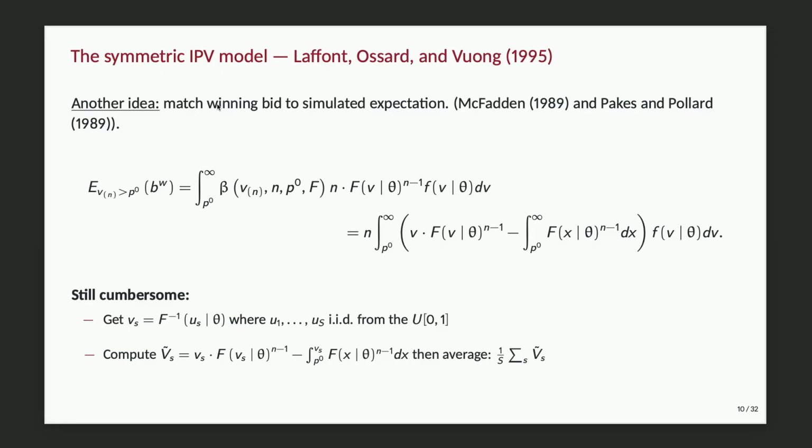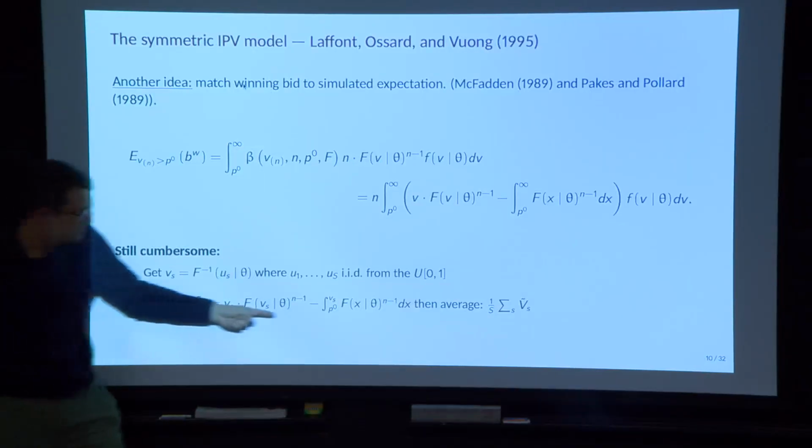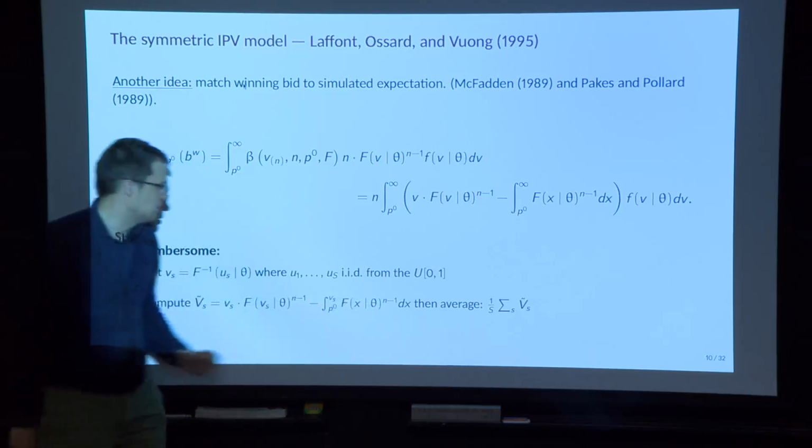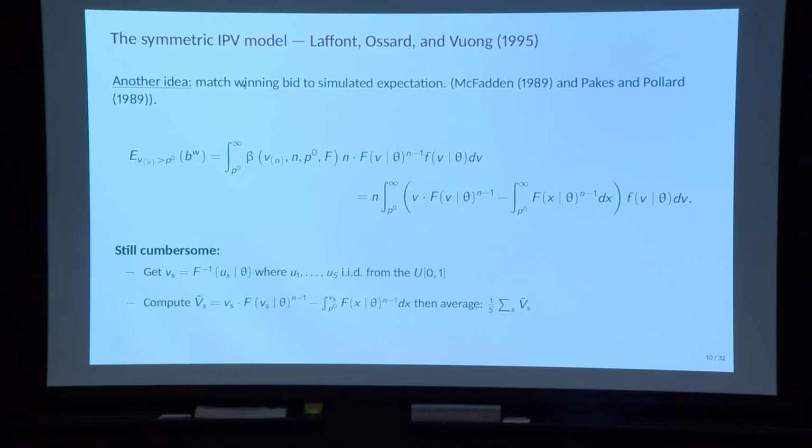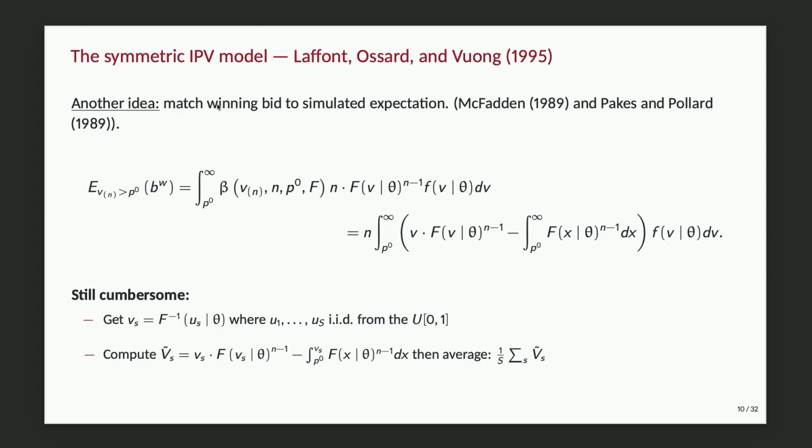I mean, you have to take random draws from the log normal. That's actually very easy with modern programming languages. But then for every draw of the valuations, I have to compute this expression here, over which I take an average. And here I still have to compute this integral over a CDF. So it's already much better than what we had before, but it's still somewhat cumbersome.